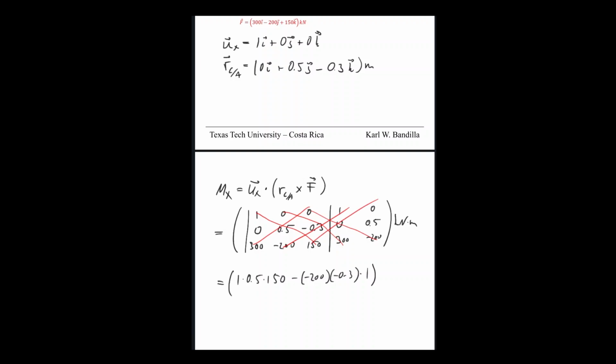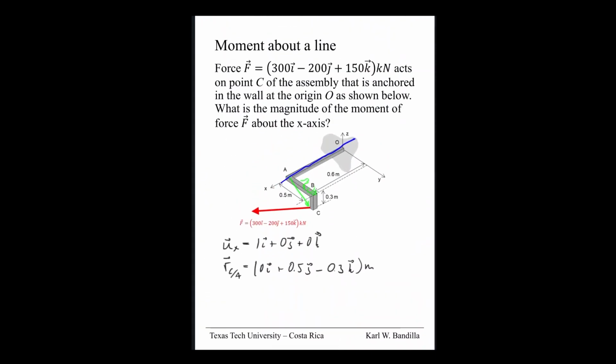So only two components. And if we plug those numbers in, we get 15 kilonewton meters. And that would be the magnitude of the moment of our force F about the x-axis.